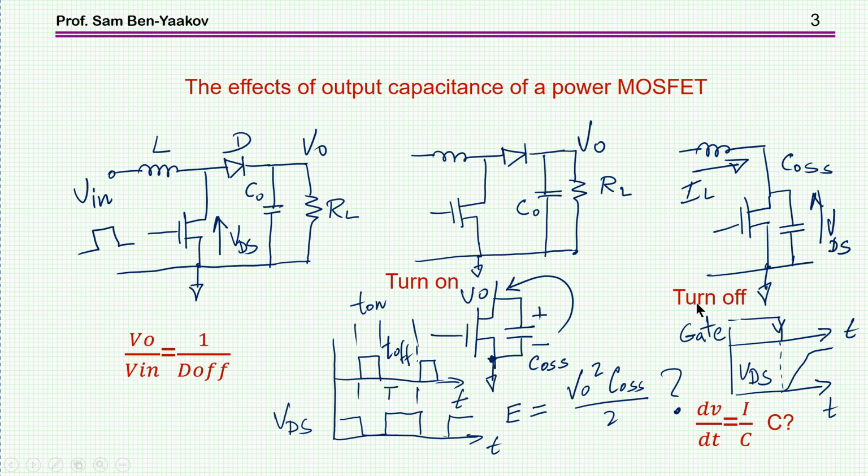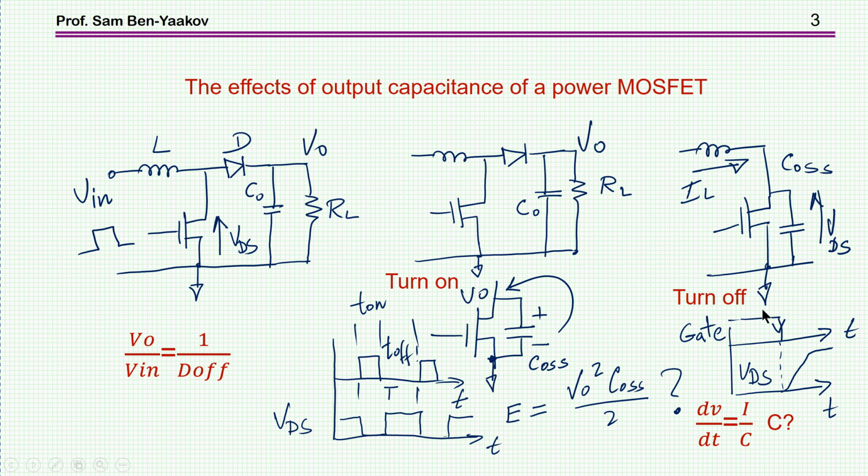During the turn off, however, we have a different story. Here is the transistor which is on, and now I'm turning it off. While it was on, there was a current flowing, in fact, following the gate drive approximately.